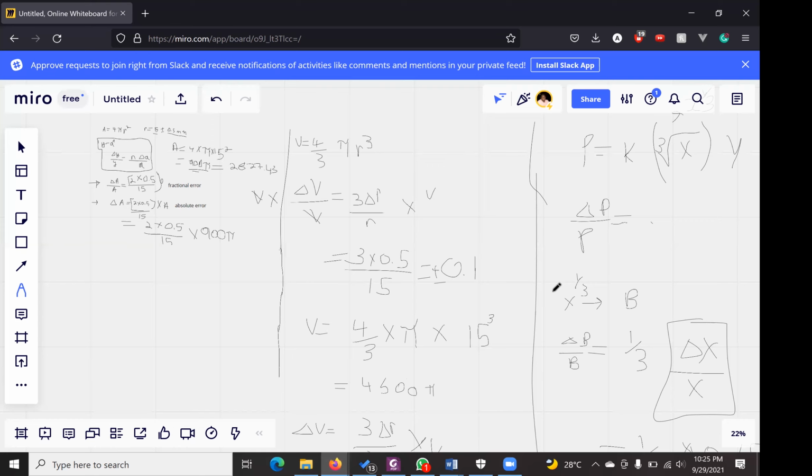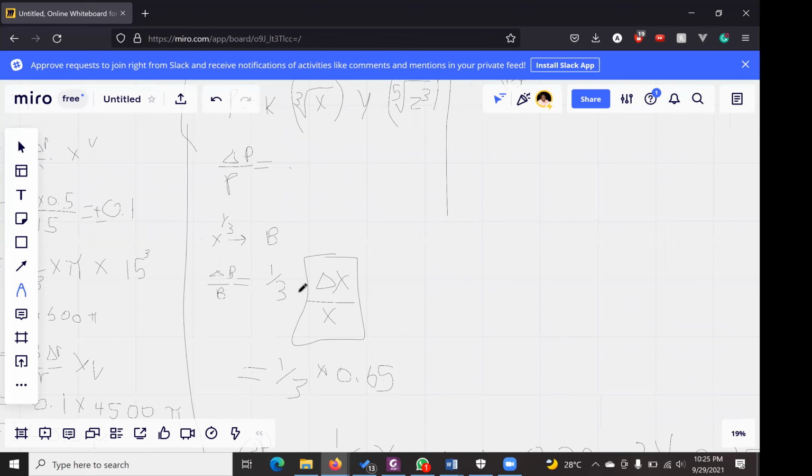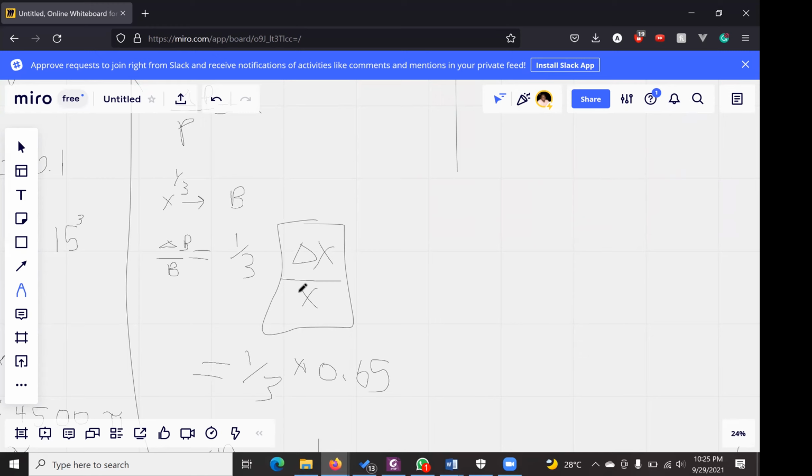Back over the other side of the screen. Tell me if you follow that. And they give us the fractional error. All right, don't jump it yet. Back to over here. They gave us the fractional error in X.